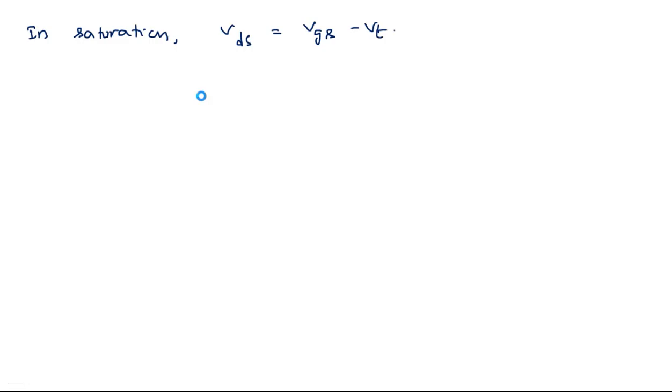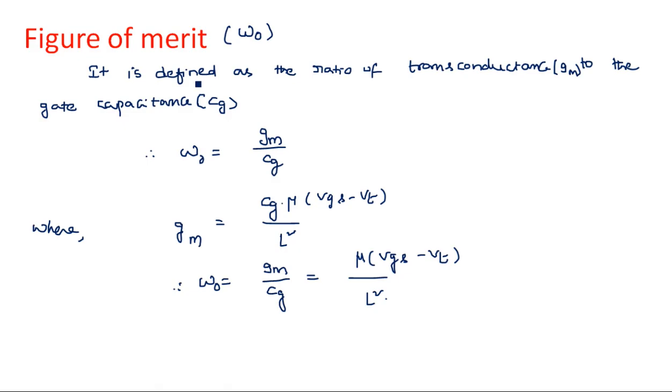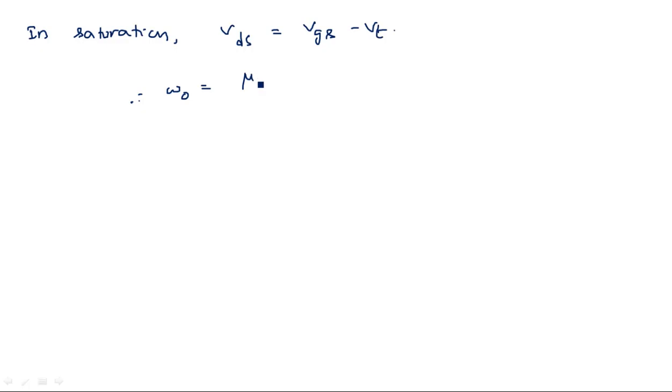Substitute that in the above equation, then the figure of merit omega naught is equal to mu into Vds by L square. What do we mean by this? This is nothing but 1 by tau, since tau is equal to L square by mu into Vds.